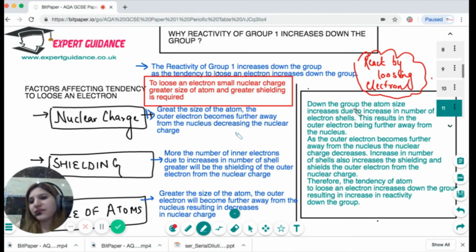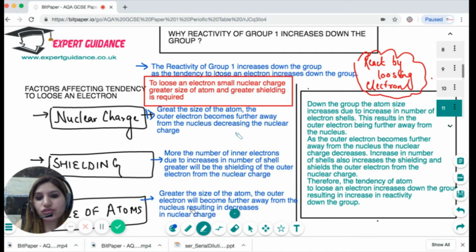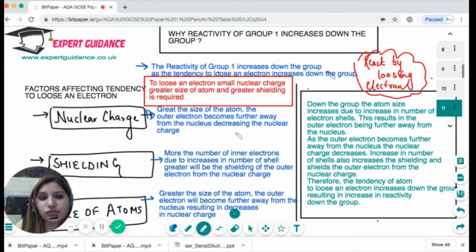Now comes a very important question: why does the reactivity of group 1 increase down the group? In order to explain that, if any question comes in, you need to first explain that alkali metals react by losing an electron, and the tendency to lose the electron increases down the group, therefore they become more reactive.